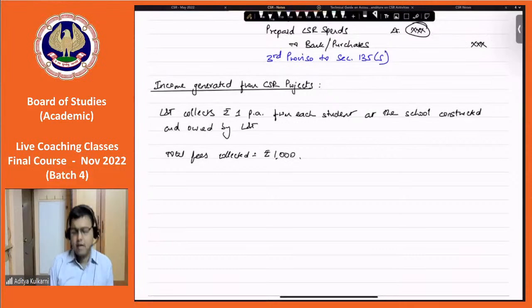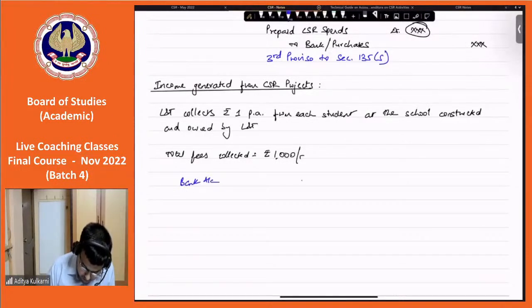Just a nominal fee. Now, money has come. Yes. It is income for L&T. Yes. This income is from CSR project. So, first entry that L&T will pass is bank account debit 1,000 to income from CSR project.